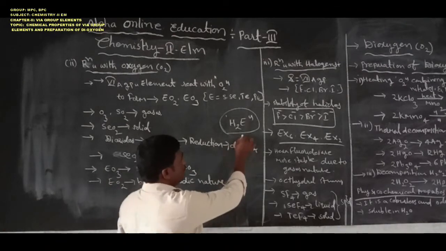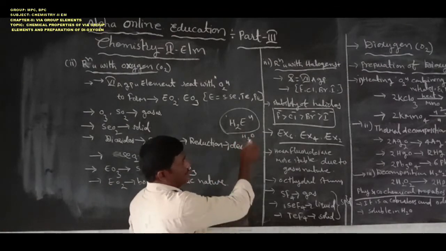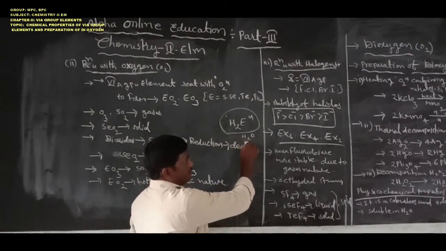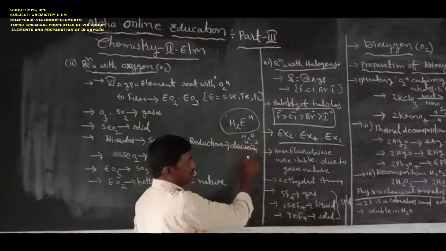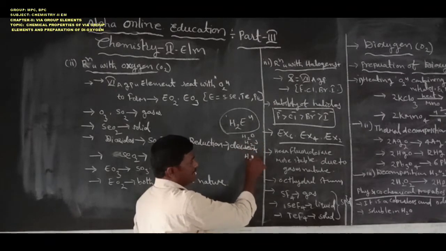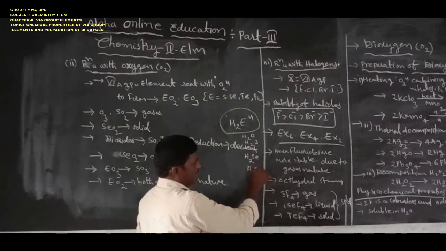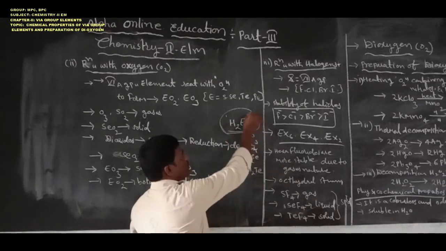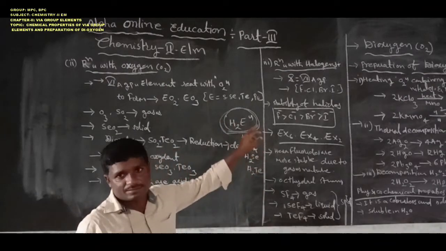For example, H2O hydrogen oxide, H2S hydrogen sulfide, hydrogen selenide, hydrogen telluride. That is the H2E type of hydrides.